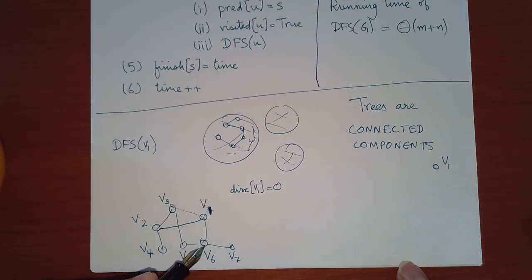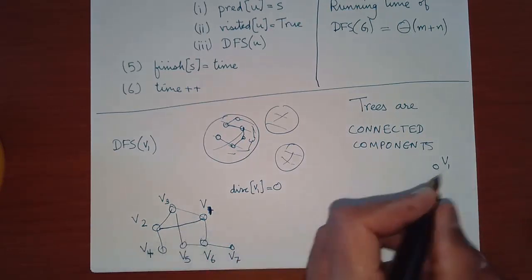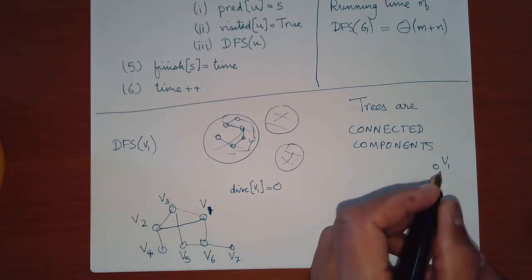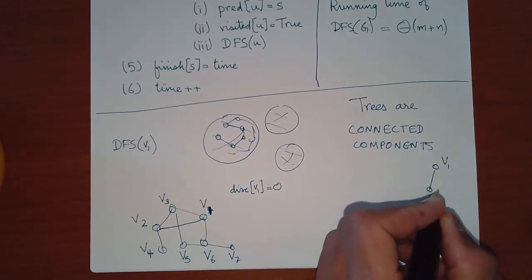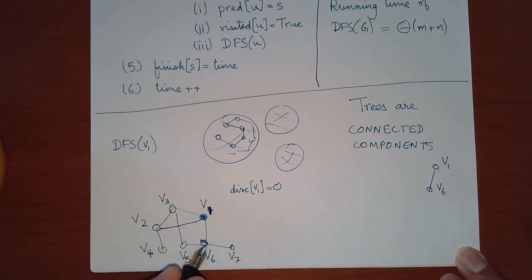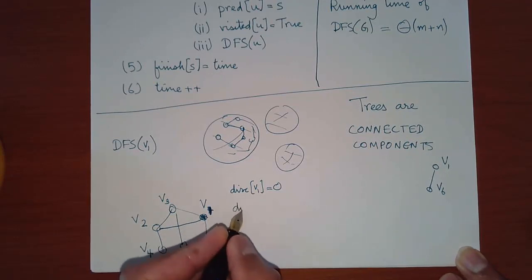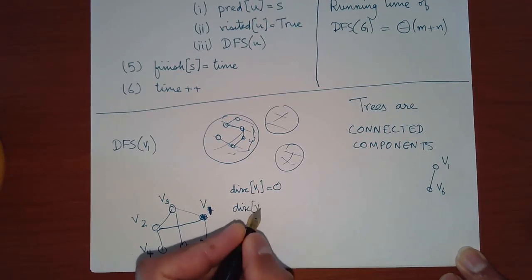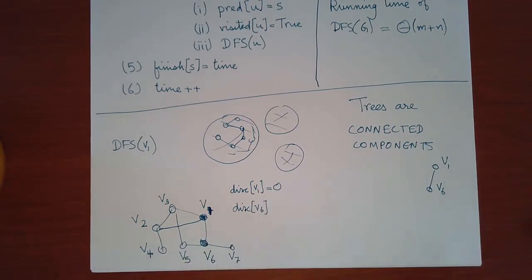Does that mean DFS of V6 is called? So what's going to happen is that this vertex is going to gain a child, V6, right? Because we start at V1, which is discovered. So I'm sorry, this is going to be visited. Then V6 is going to be visited. And what is the discovery time of V6?